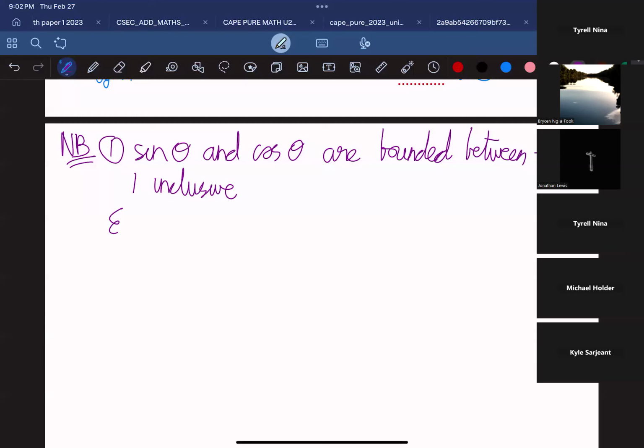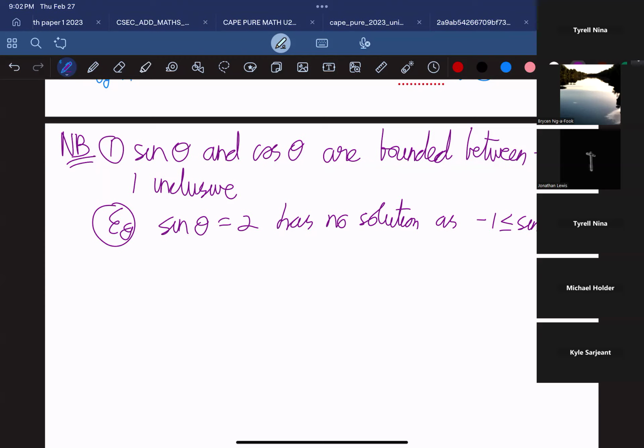So, for example, sine theta equals 2 has no solution, as the curve just never gets past the -1 and +1 values, as sine theta is between -1 and 1.